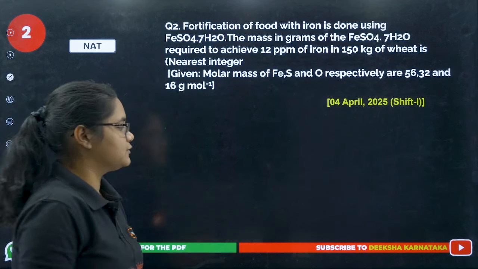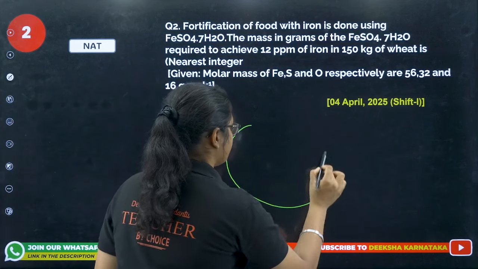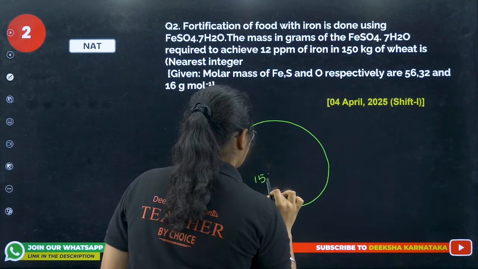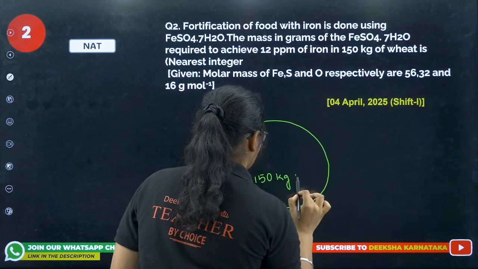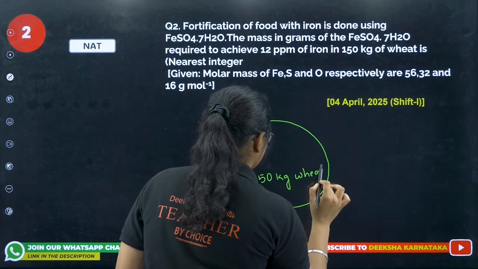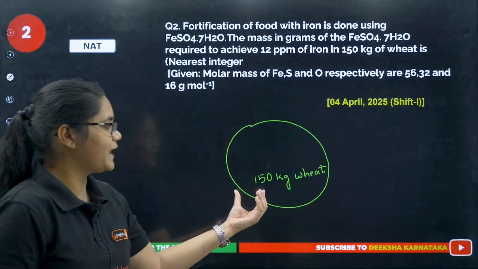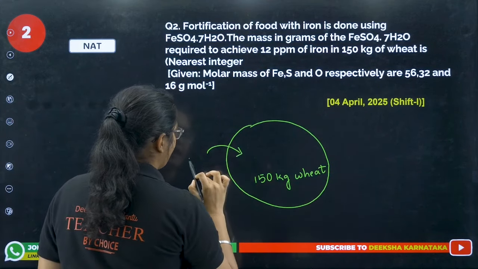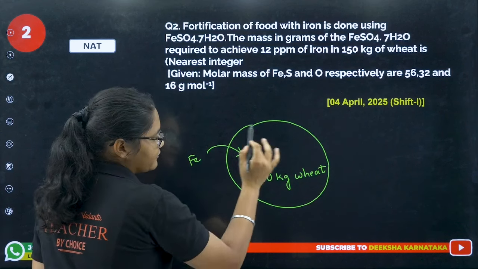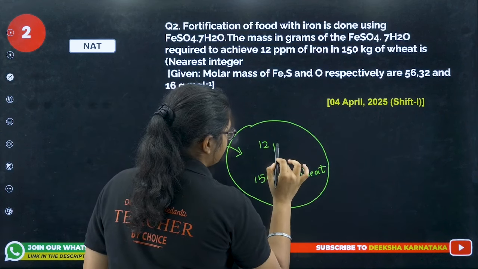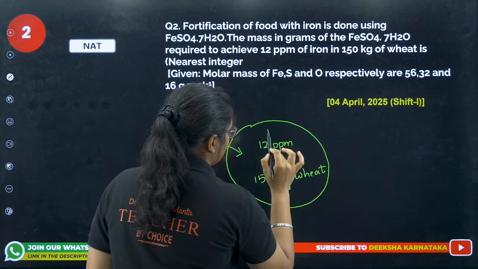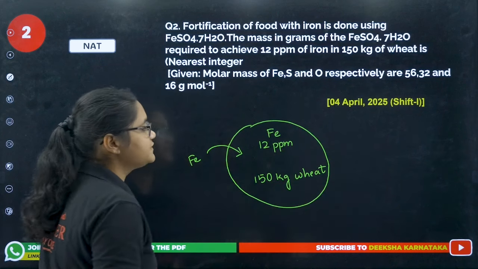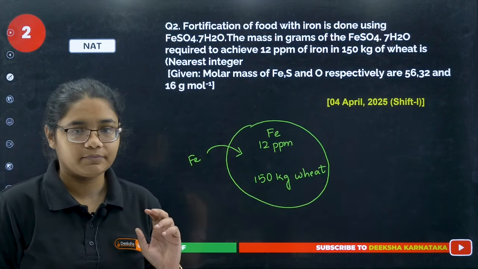So again let us imagine I have 150 kg of wheat. Okay, so the total wheat I have is 150 kg, and what I have to add here is Fe, such that the final concentration of Fe is 12 ppm, right?